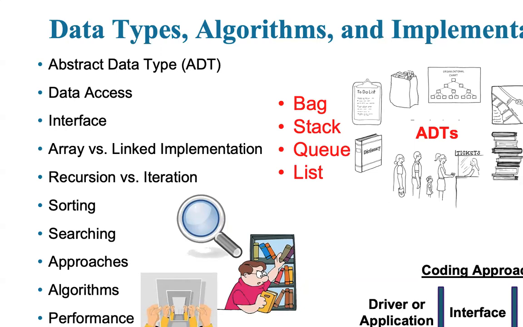Yes, you can have a linked or an array implementation. The nomenclature was array bag or linked bag, as a mnemonic. It's almost like using the names to help document what you're trying to accomplish.